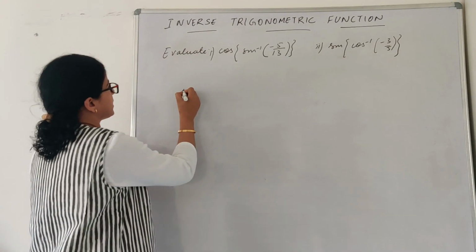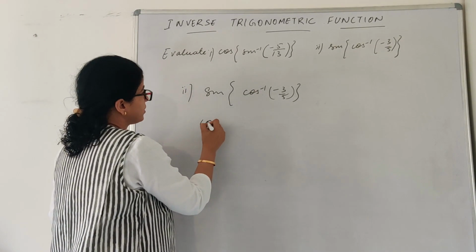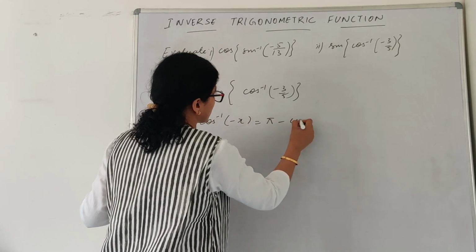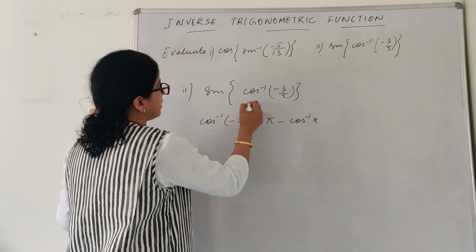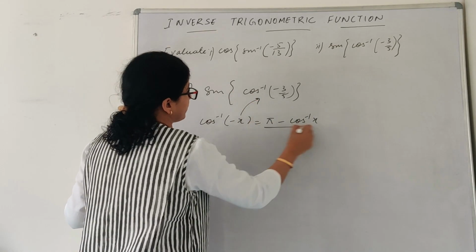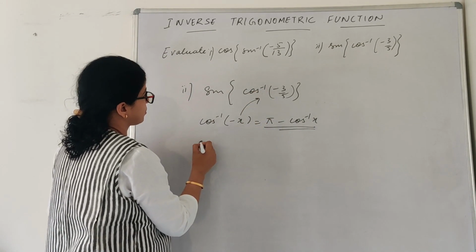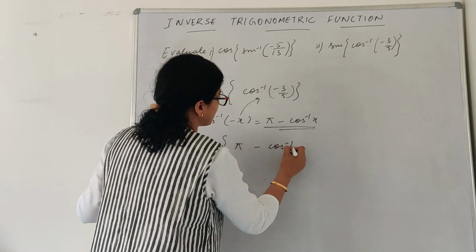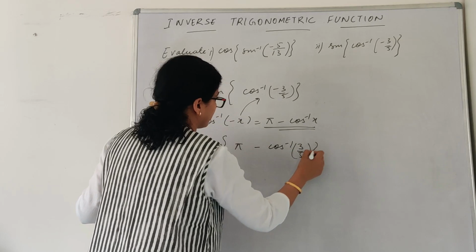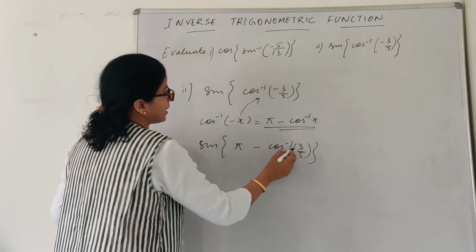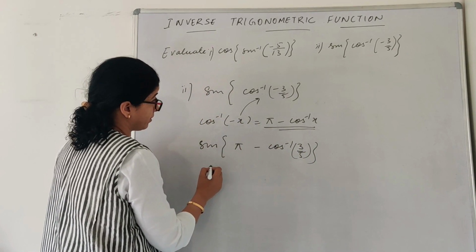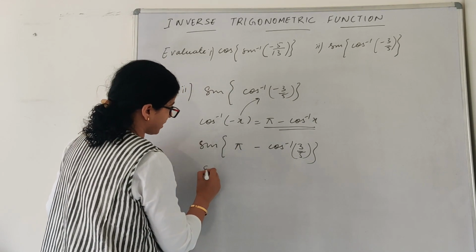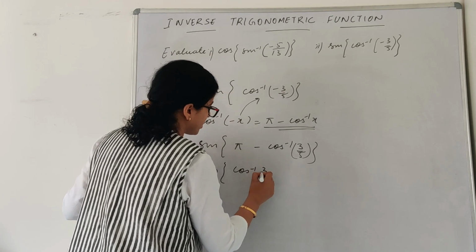Now the next part says cos inverse of minus x is equal to pi minus cos inverse x. So this will be replaced by this part. So sine of pi minus cos inverse 3 by 5, right? Sine of 180 minus theta is sine theta, right? Pi minus theta, so sin theta, so sin of cos inverse 3/5.